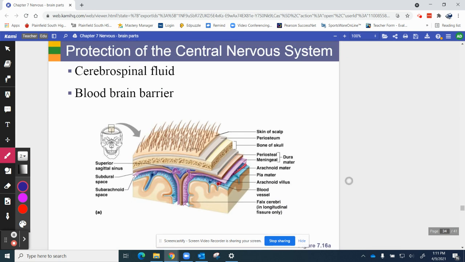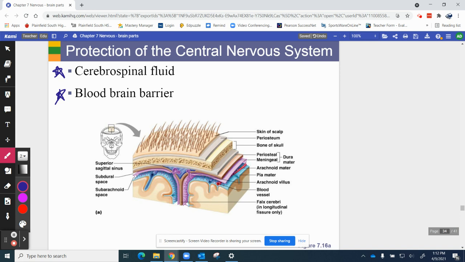These are some of the other ones we have. Obviously we talked about this one the other day: the cerebrospinal fluid, the fluid that fills the spaces between the skull and the brain. There's also a layer referred to as the blood-brain barrier, which separates the brain from any blood that would make its way in here.